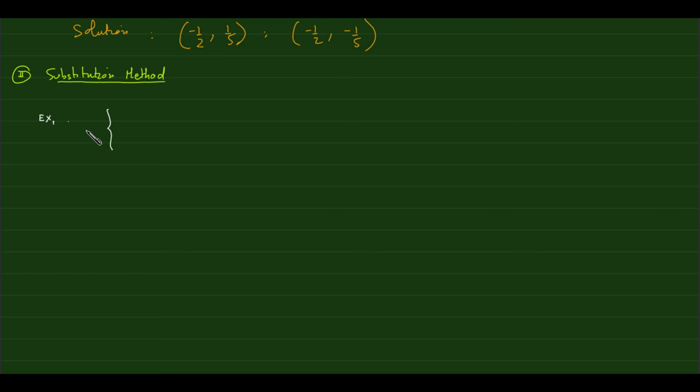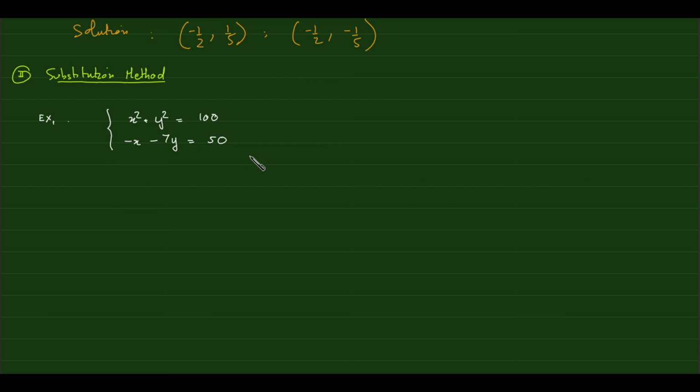In this one, the first equation is nonlinear because I have a second degree, but the second equation is linear. When you have one linear and one nonlinear, you should use substitution. In this case there's no way you can eliminate anything, so you must use substitution.